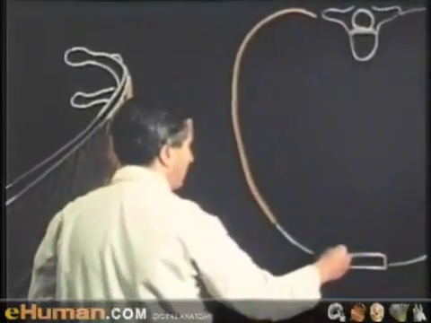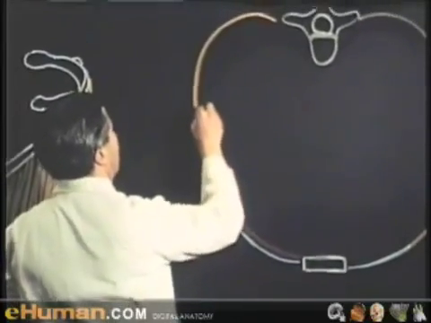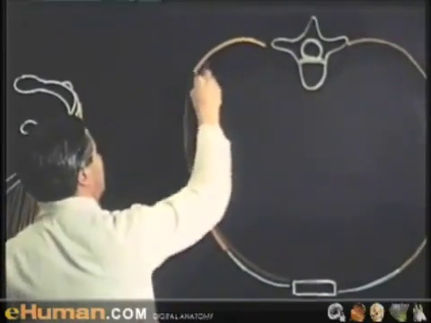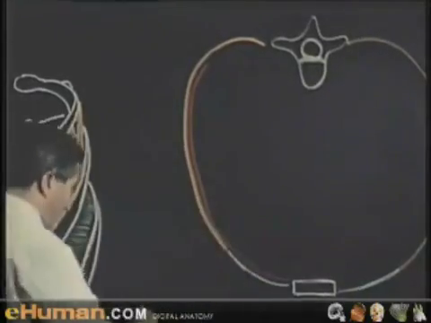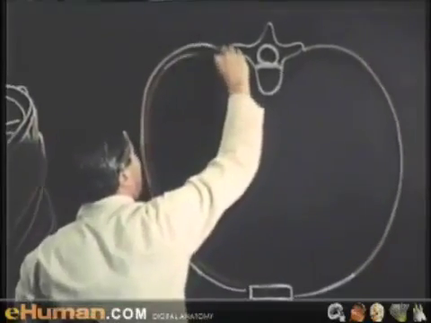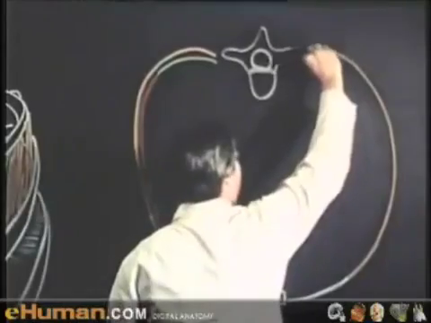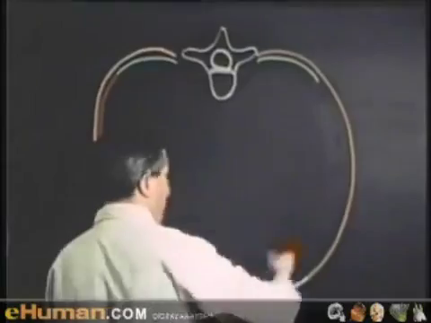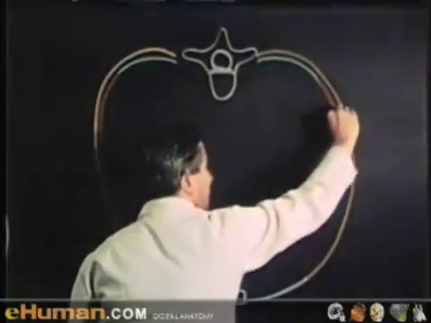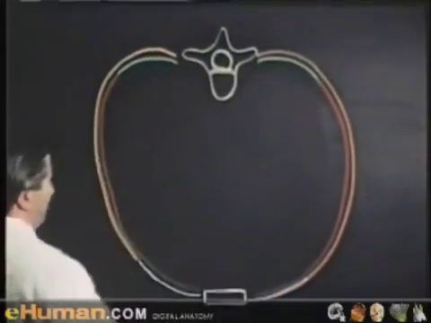It arises well forward here, passing backwards, lying within the external intercostal muscle. The layer is completed posteriorly by the posterior intercostal membrane, which comes around to about that point. So on this side we have the posterior intercostal membrane coming round, and then the rest of the layer is completed by the internal intercostal muscle coming forward in that sort of manner.